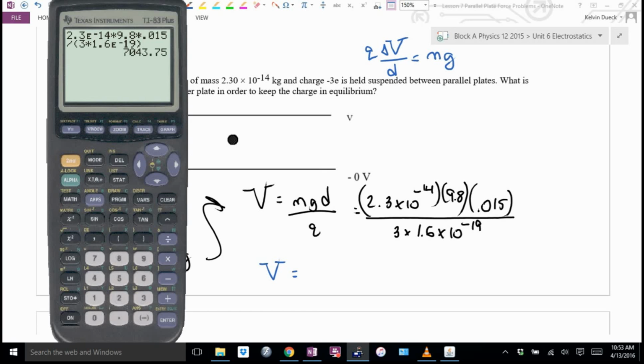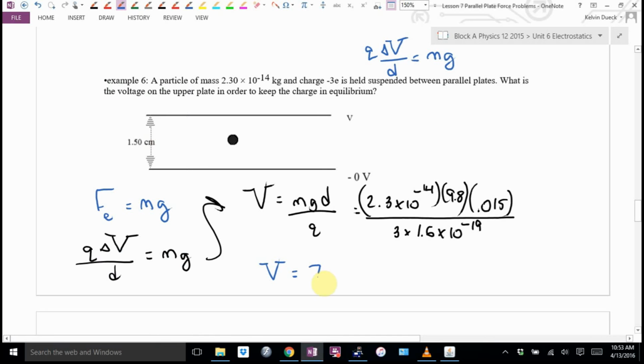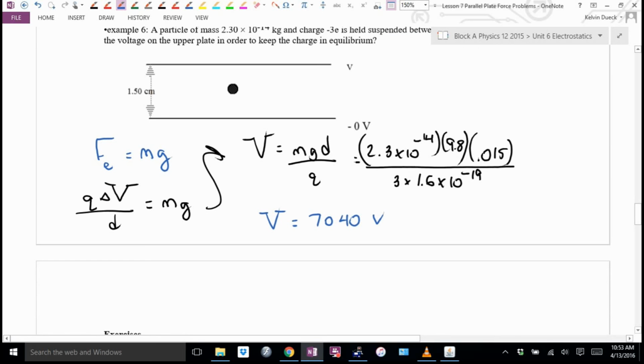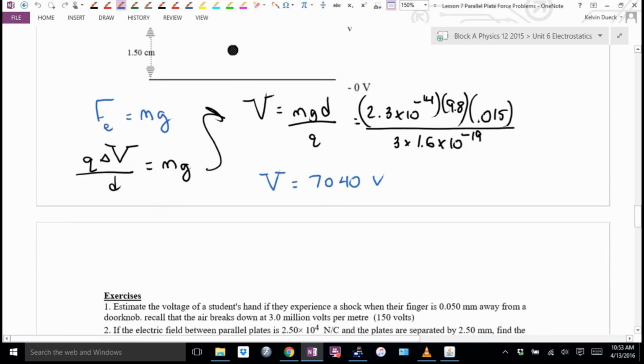You get 7,040 volts? Yep. That'd do it. Okay. So just giving you ways that we can use forces between plates.